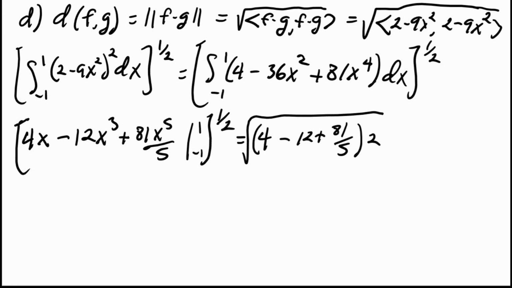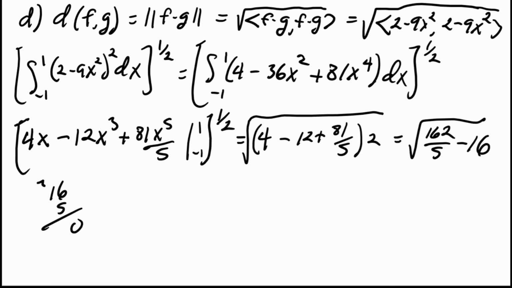So here, let's simplify that. This is the square root. We get 4 minus 12, so that's 8, which then becomes 16, and it's negative. And then here we have 81 times 2, so that gives us 162 over 5 minus 16. 16 times 5 is 80.